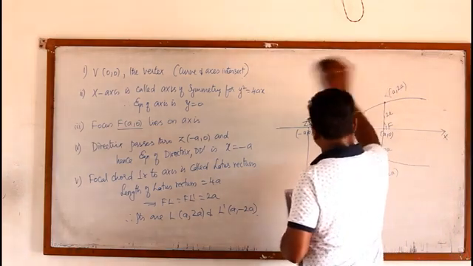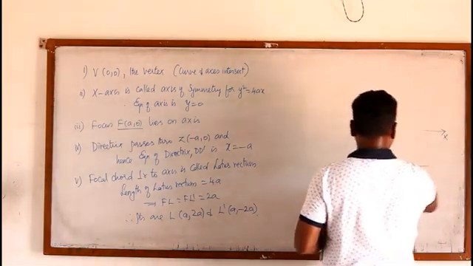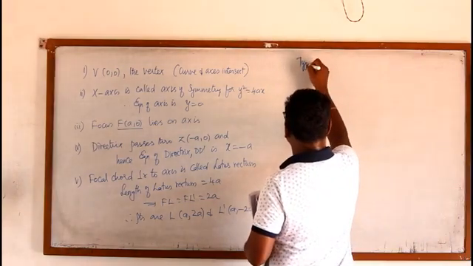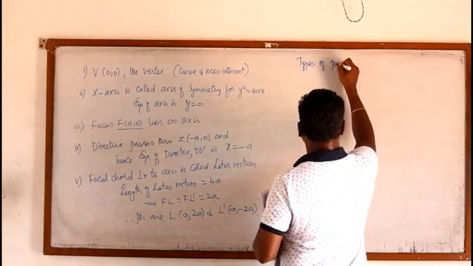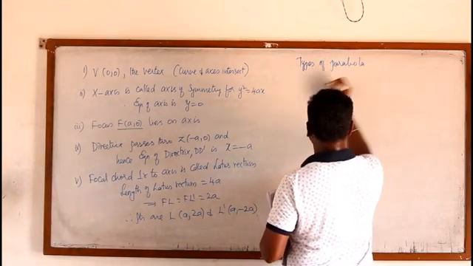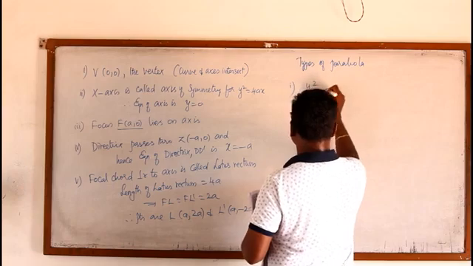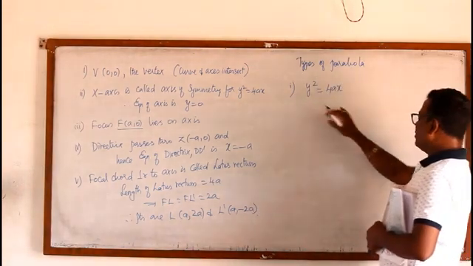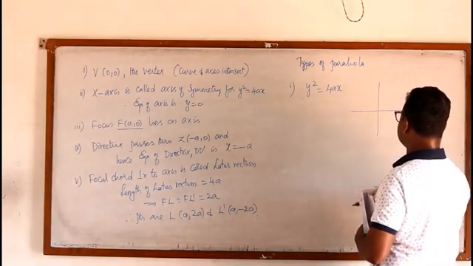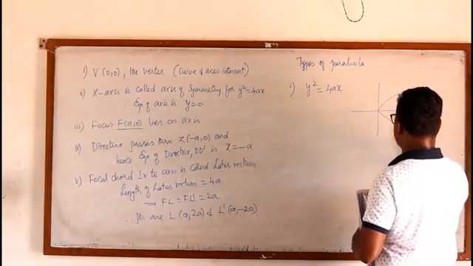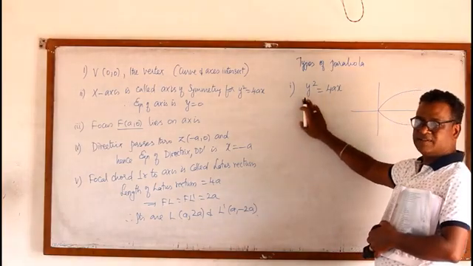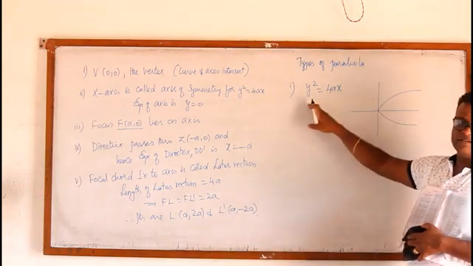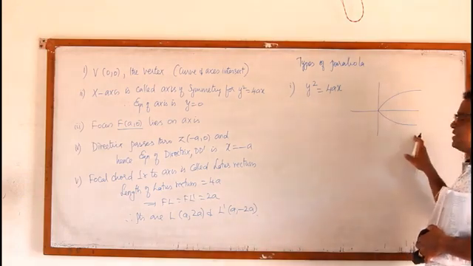So we can have many other types of parabola too. We shall see all those types of parabola. First type of parabola: we shall take this itself as our first type, y square equal to 4ax. Now, have you seen the form of the curve? Y square means we can remember that the curve will come around the x-axis. Here, positive x-axis, therefore y square means the curve comes around the positive x-axis as axis.